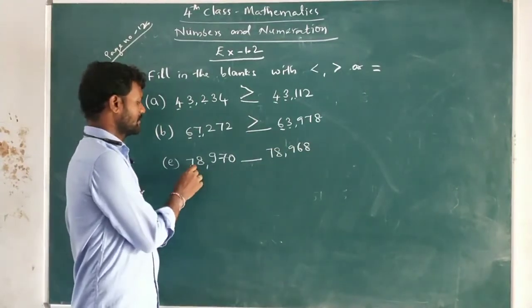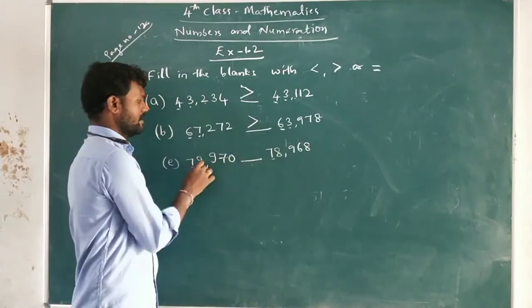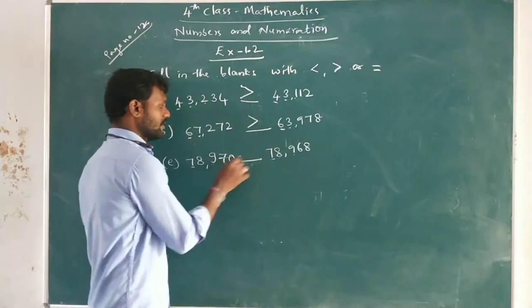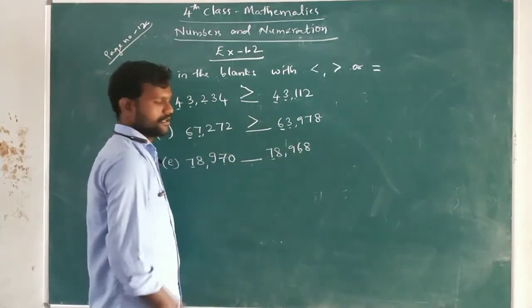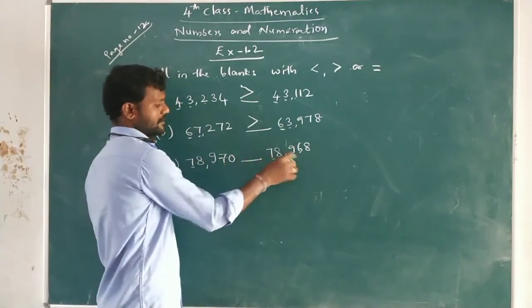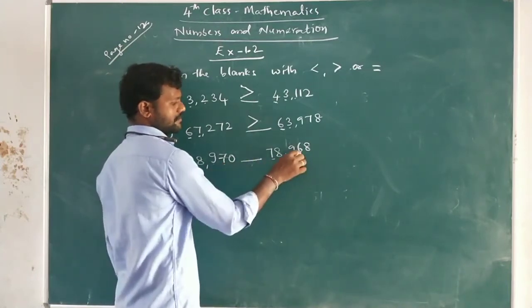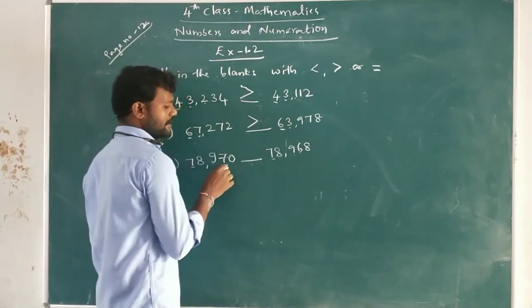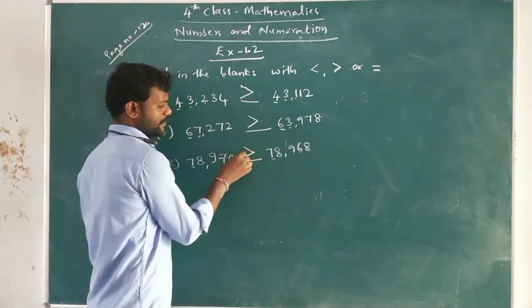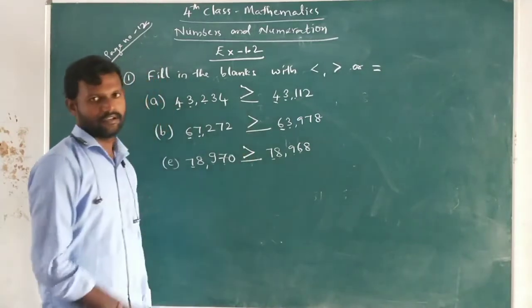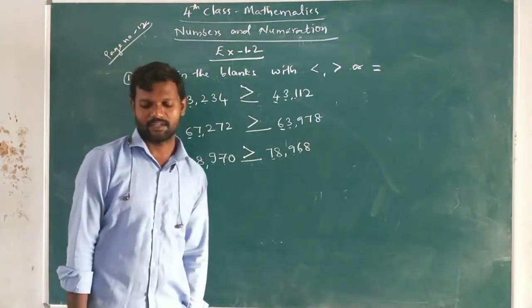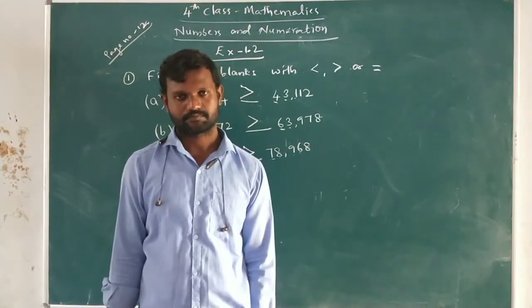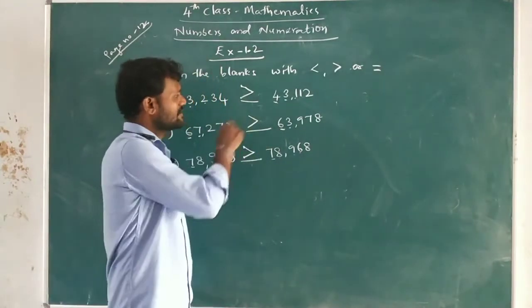Which is bigger? 7, 7, 8, 8, 9, 9. Next 7 and 6. So up to 3 digits are same, and here we have 7 and 6. Which is smaller? 6 is smaller than 7. So 7 is large. That's why this number is bigger. So we have to use the greater than symbol. Okay, like this. Try to complete the remaining problems of the first bit, only writing these symbols in the textbook itself.